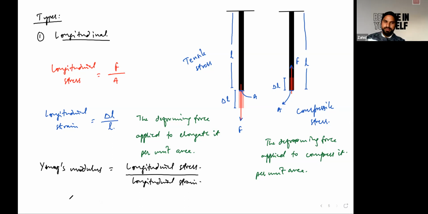Young's modulus is denoted by Y, which equals longitudinal stress F divided by A over longitudinal strain delta L divided by L. If you rearrange this equation, you will get F times L divided by A times delta L.